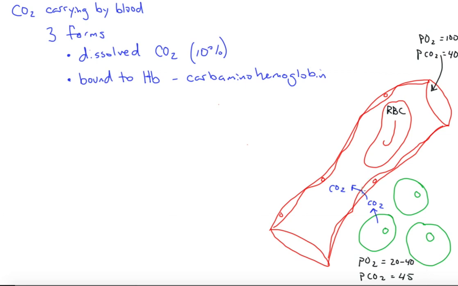Some of it will end up bound to the hemoglobin here as carbaminohemoglobin, HbCO2. And remember, because it's binding that carbon dioxide, the hemoglobin affinity for oxygen is actually going to fall a little bit, which aids the unloading, right? So the more CO2 we produce, indicating a higher metabolic rate and a greater need for oxygen, the more the hemoglobin will release the oxygen in response to binding this carbon dioxide.